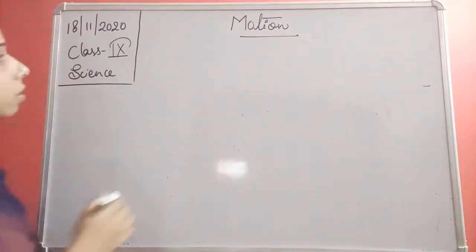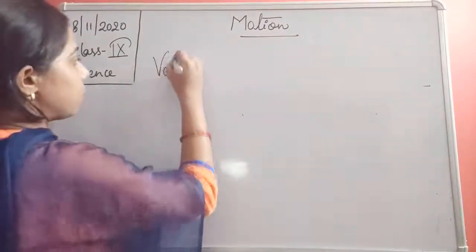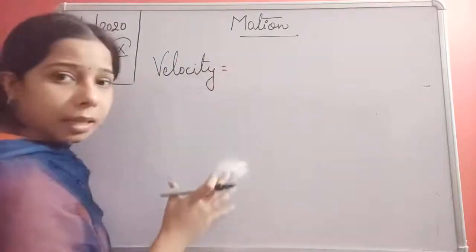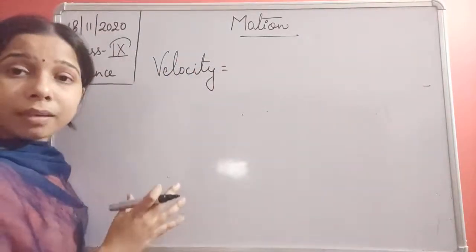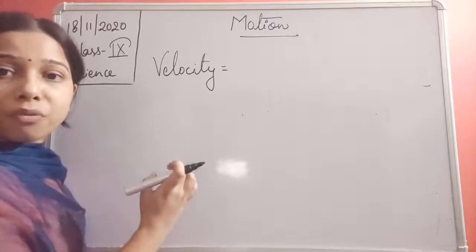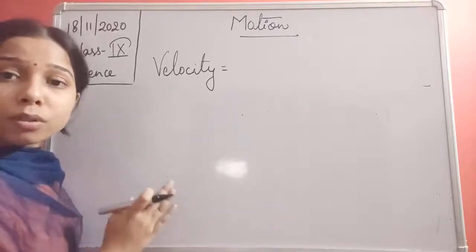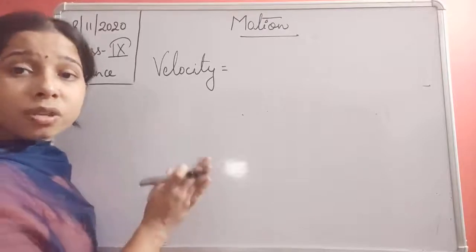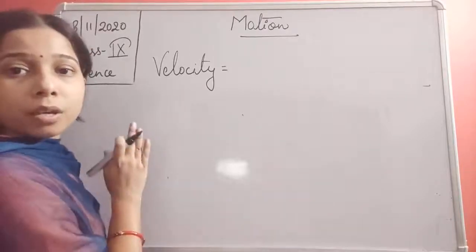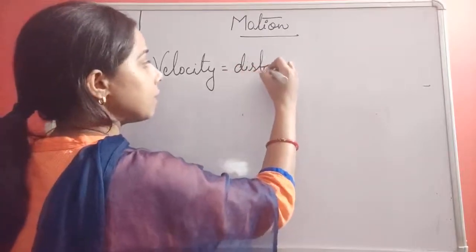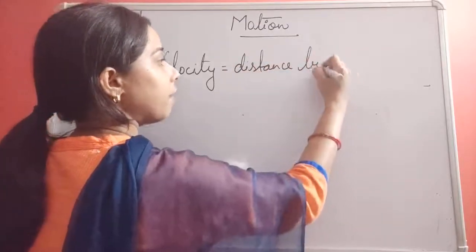So velocity also explains the same thing, that the object is moving a particular distance, but it also explains the direction in which it is moving. So we can write: velocity is the distance traveled.